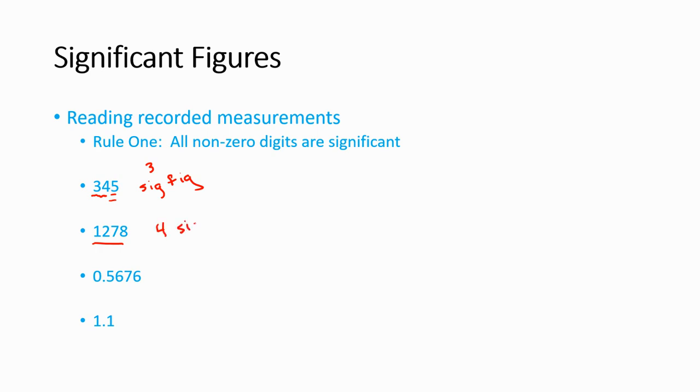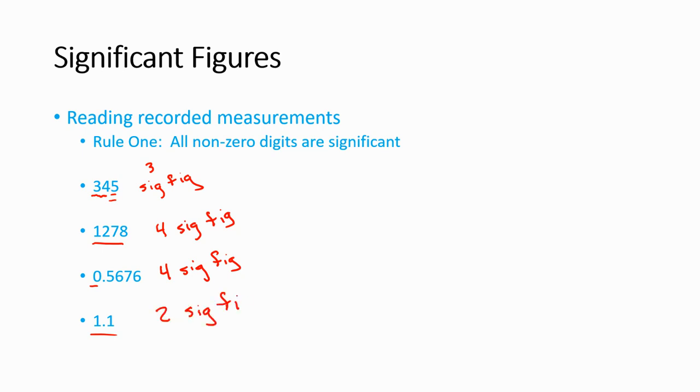So we would say four significant digits or four significant figures. 0.5676, this first zero, we're not sure about. We don't have a rule for zeros yet, so let's leave it out for now. The other four digits are not zero, and so we'll say for now, this is four significant digits or four significant figures.